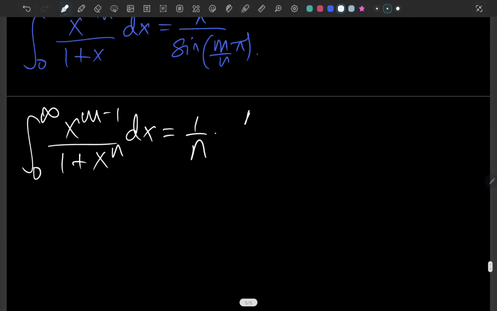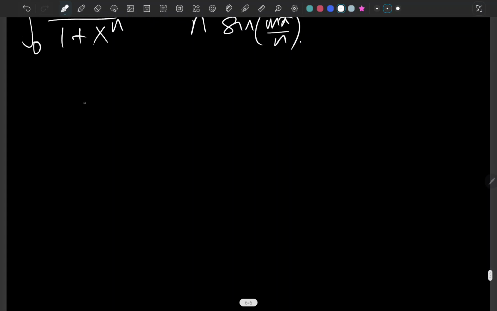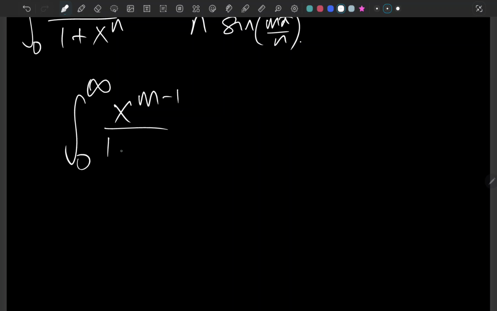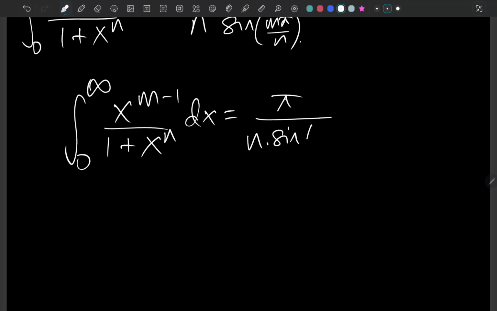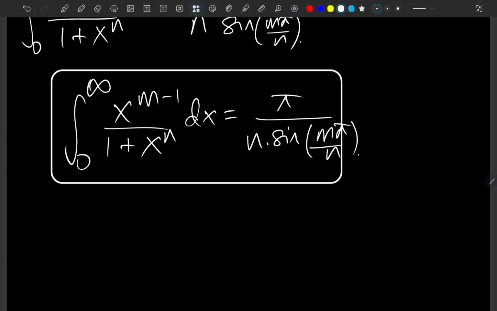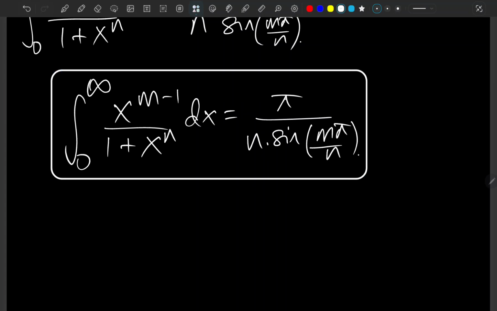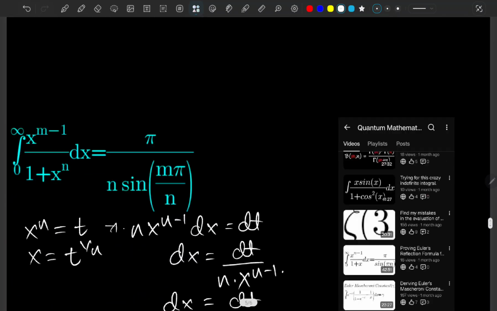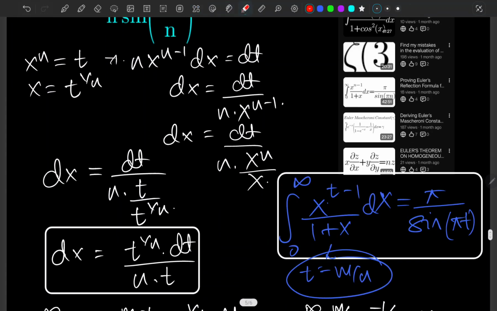So we can write this as pi over sine of m pi over n, and hence we can say that the integral from 0 to infinity of x to the m minus 1 over 1 plus x to the n dx evaluates to pi over n times sine of m pi over n. This was really crazy, and it was really easy to prove because we had this formula.